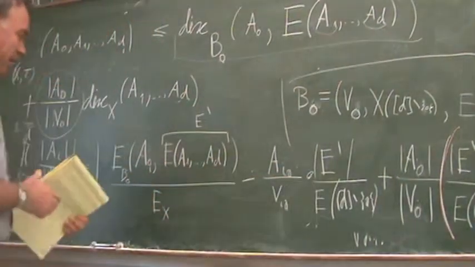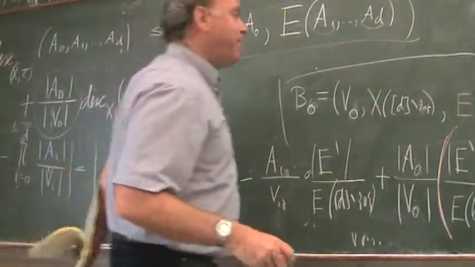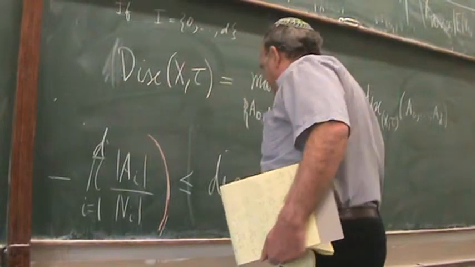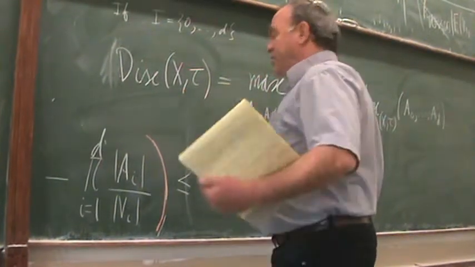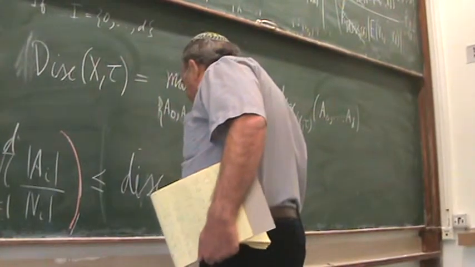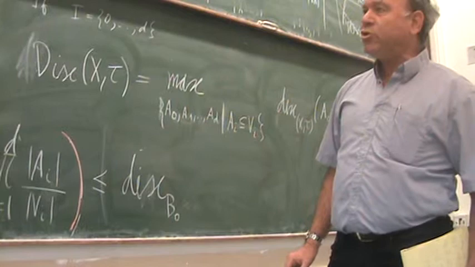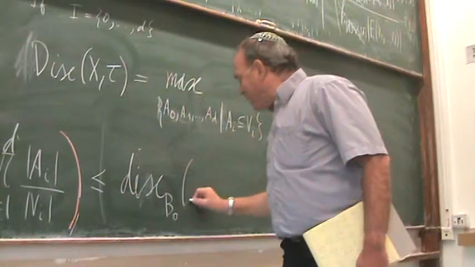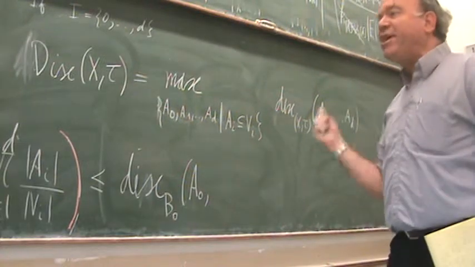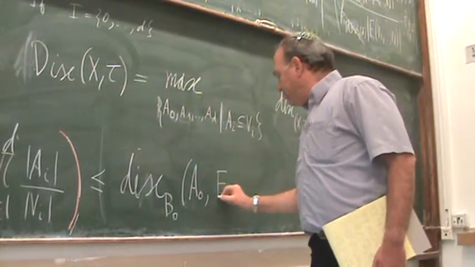But now let's think. What I'm claiming is that what is written here is exactly the discrepancy in the graph B0, such that on one side I have EA0 and on the other side I have something.